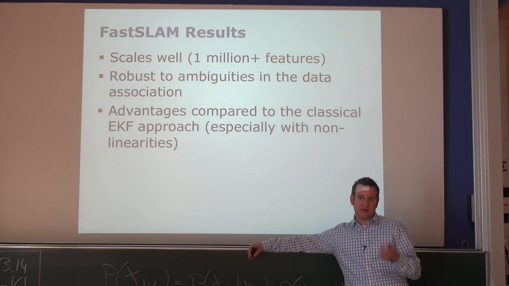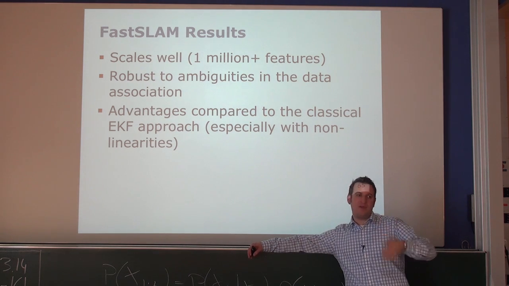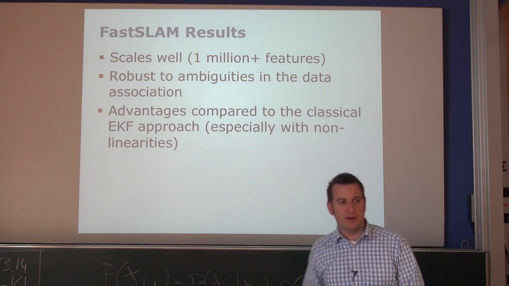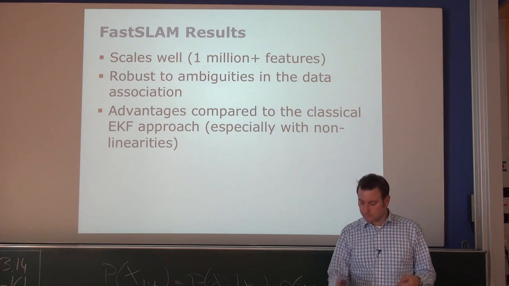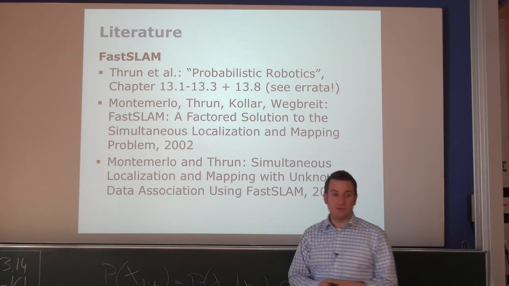You do not necessarily generate a Gaussian estimate. So of course, you need a way of sampling from these distributions, but you're not restricted to linearization and a Gaussian approach. If you want to know more about FastSLAM, again, I recommend the Probabilistic Robotics book.